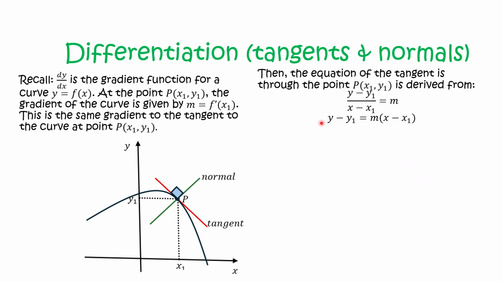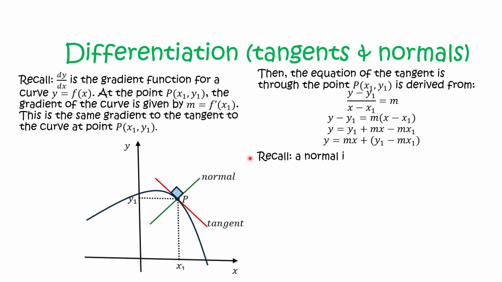Then solving for y, we are going to have this bit. Then our final step would have y is equal to mx plus y1 minus mx1. So we can substitute for this x1, y1, and we know that our m comes from the dy/dx.